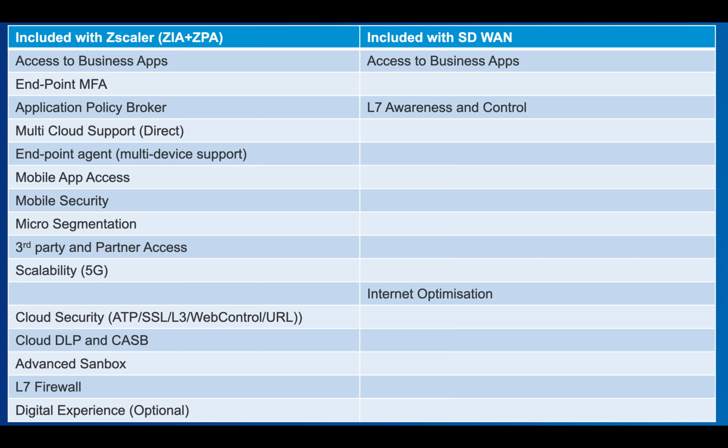And we started off with a financial comparison, comparing SD-WAN extension to Zscaler Private Access or Zscaler Private Access with Internet Access. But when you really consider the features and the capability inherent in these solutions, I don't really think it's a fair comparison.